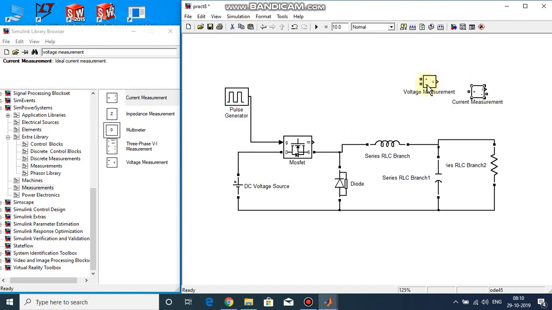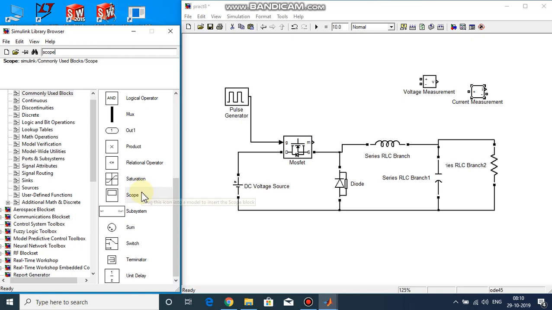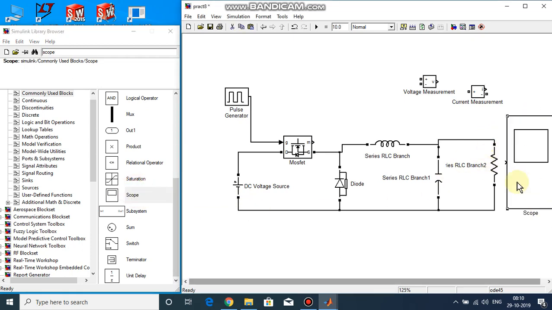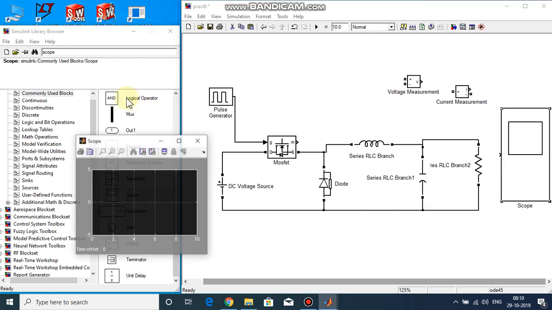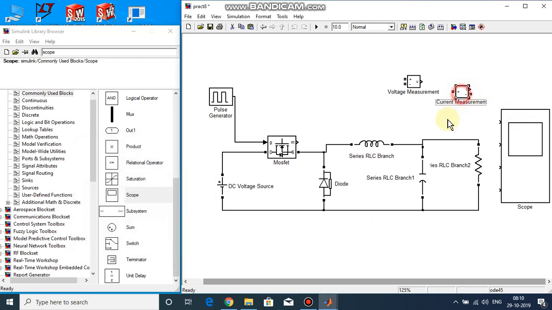We even require a current measurement, which we'll do later, and then we need a trusty scope. There it is. It's big and huge for now, and we'll increase the axes to about 3 to 4. So just keep 4 axes for now. This is our voltage.